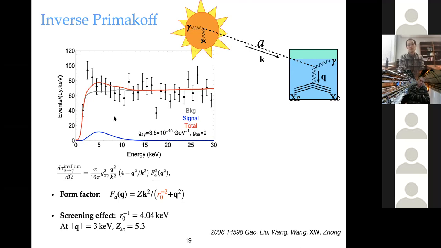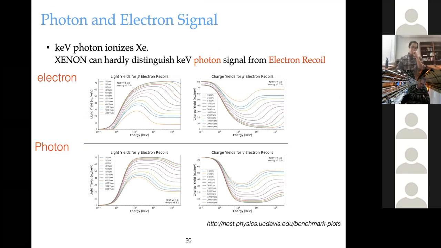And here in the plot, we fit the xenon data just using g_aγ. It's like 10 to the minus 10 inverse GeV. Forget about the electron coupling, you still can explain the xenon access. Let me emphasize one thing, this is the plot from the UC Davis group.